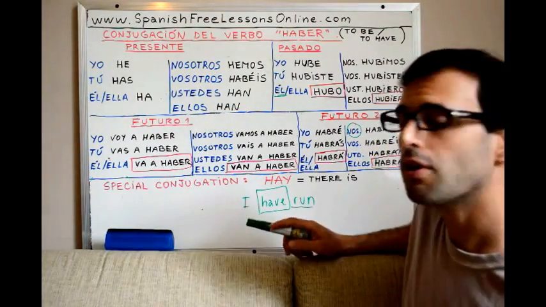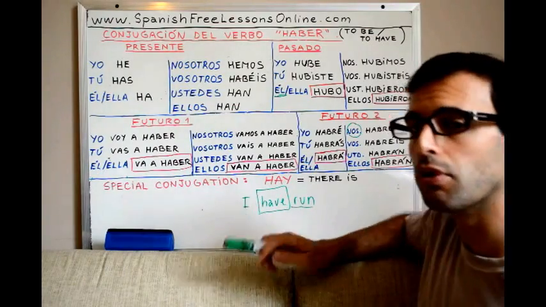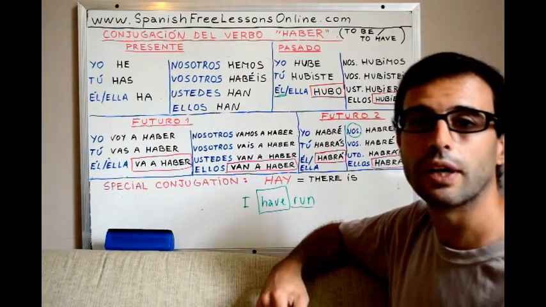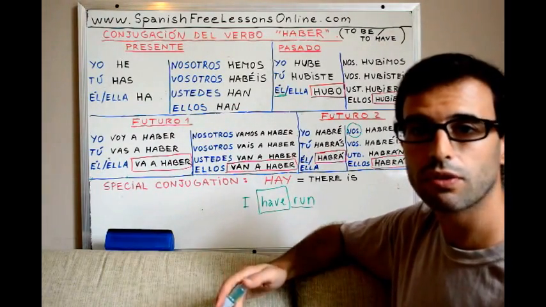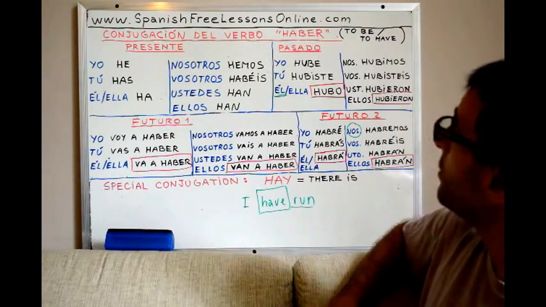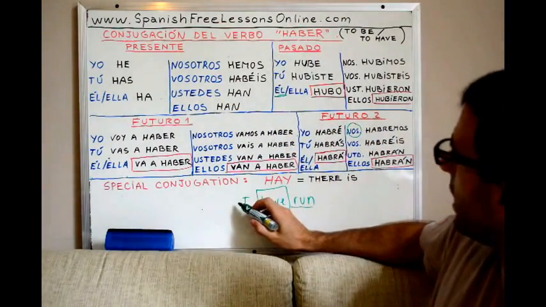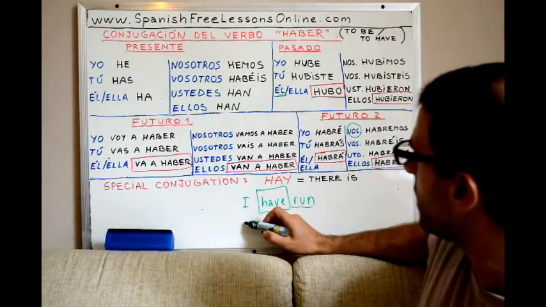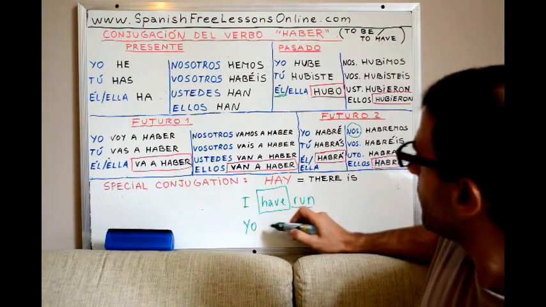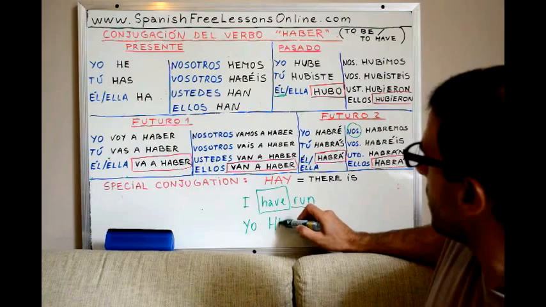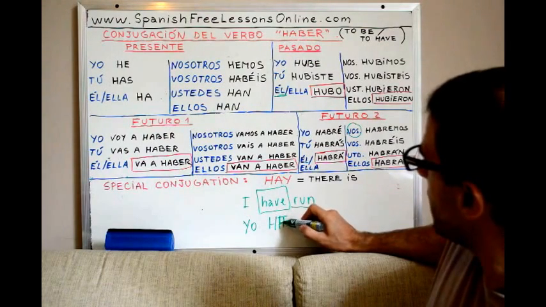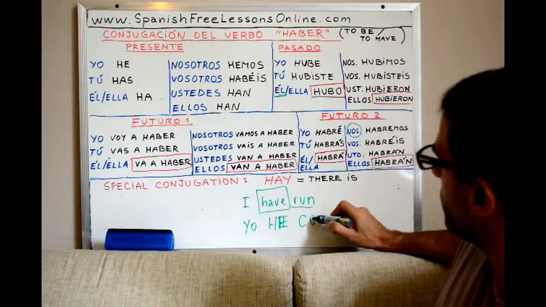In Spanish, for the present perfect and for all the other compound conjugations, our auxiliary verb is the verb haber, right? So how would we say I have run in Spanish? We would say yo he corrido.